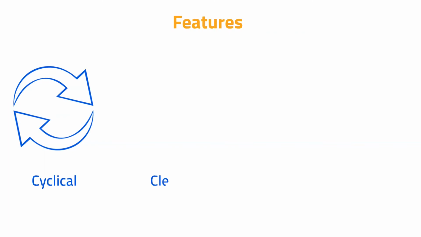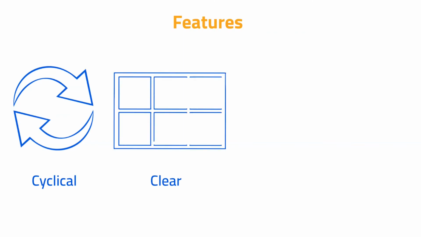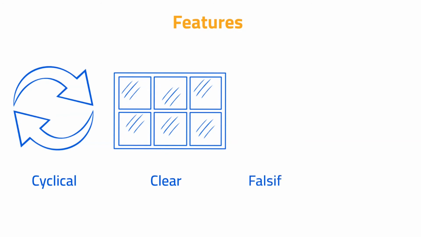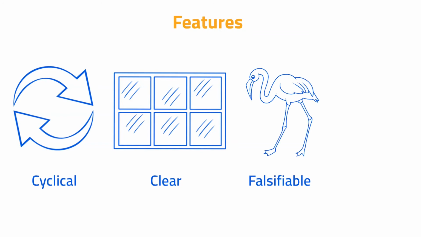The next feature is clarity. There is no ambiguity or vagueness in either the guess or the conclusion. It should be clear and obvious. The next feature, falsifiable. The guess should be falsifiable. It is important to realize that this does not mean whether something is false, only whether it could be shown to be false.